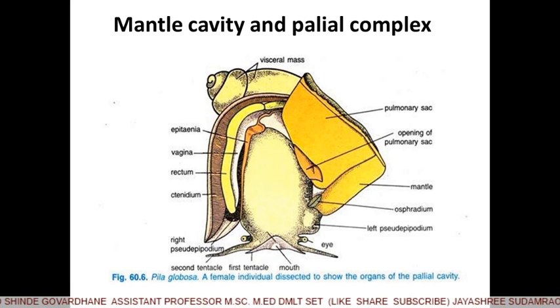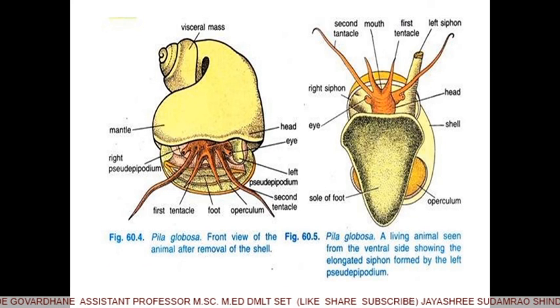By this we have seen how the visceral mass contains the covering, that is the mantle, how it contains shell glands and how it secretes the shell in molluscans, then its head region, its foot, the operculum, the right and left pseudopodia, they are the folds of the mantle cavity only.